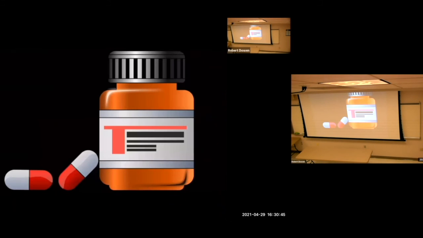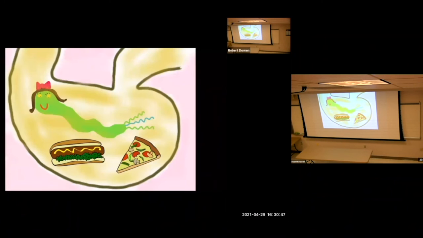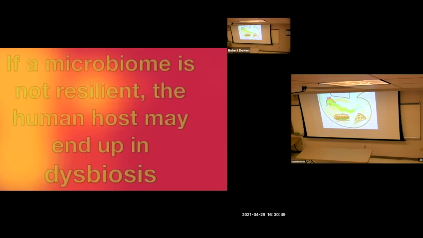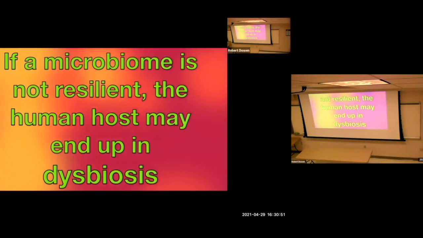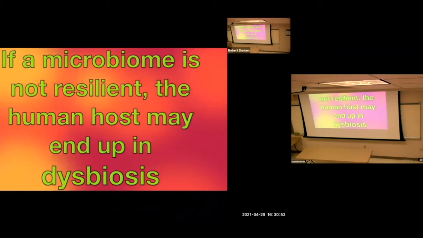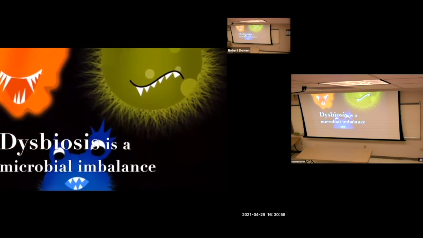There are quite a few external factors that can change the makeup of the microbial population, such as diet, age, or antibiotic use. It is important that we be resilient and able to recover from change. If we are not able to do that, our human host can end up in dysbiosis, or in other words, a microbial imbalance.